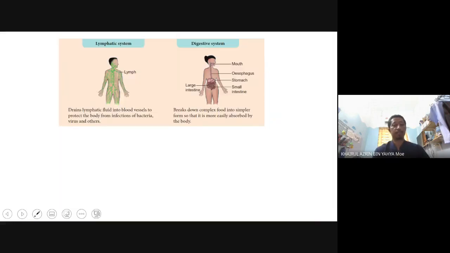Okay, next. This one is a lymphatic system. This is lymph. Okay, so drains lymphatic fluid into blood vessels to protect the body from infections of bacteria, virus, and others. Okay. And then we have digestive system, digestive system pencernaan.